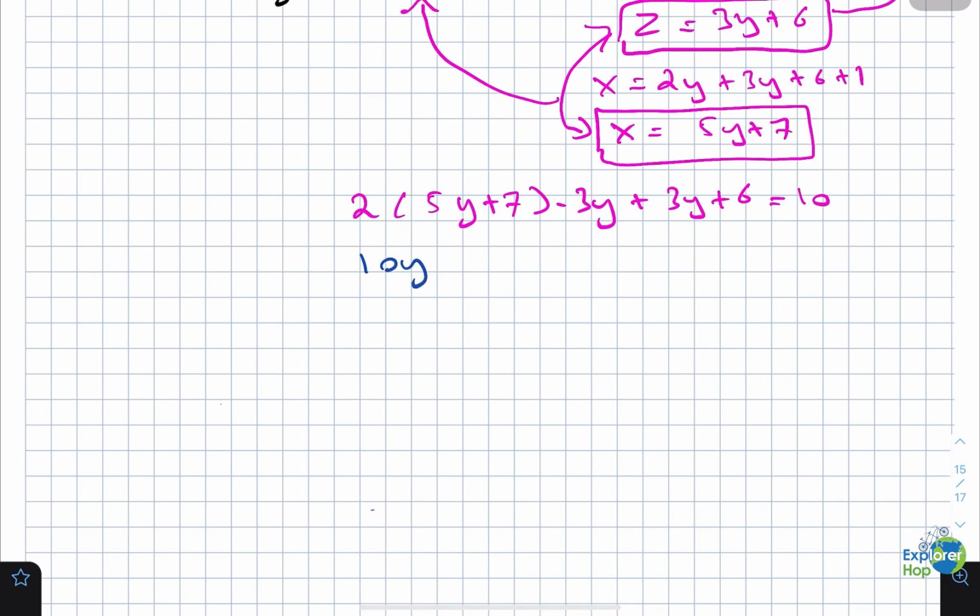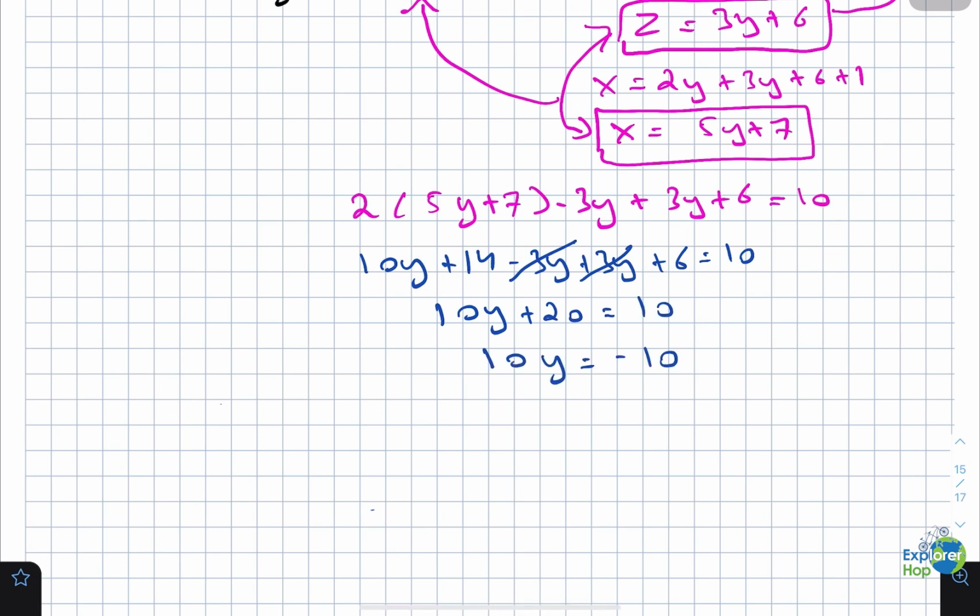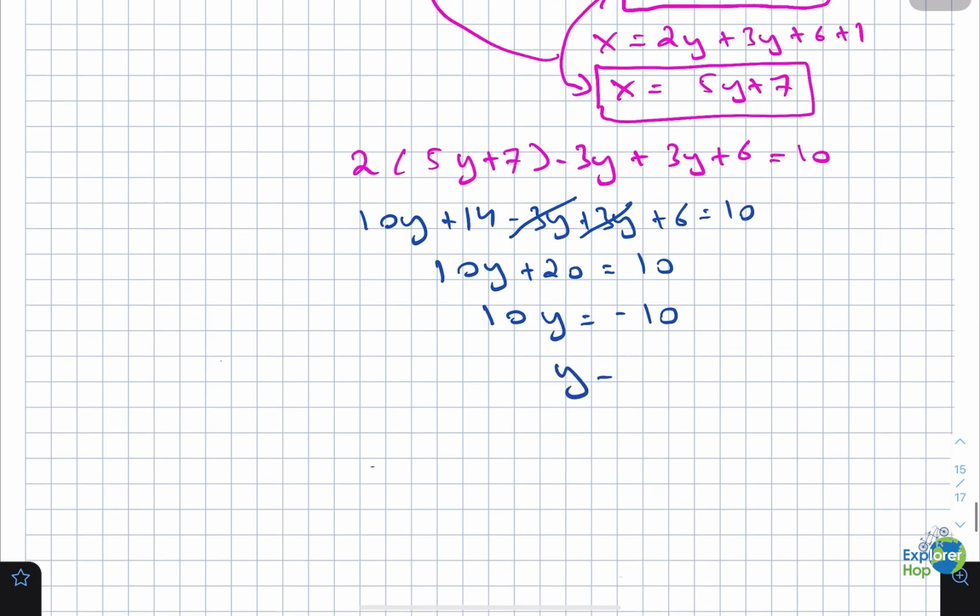This becomes 10y plus 14 minus 3y plus 3y plus 6 equals 10. These cancel out, so this becomes 10y plus 20 equals 10, which becomes 10y equals minus 10. Therefore y equals minus 1.